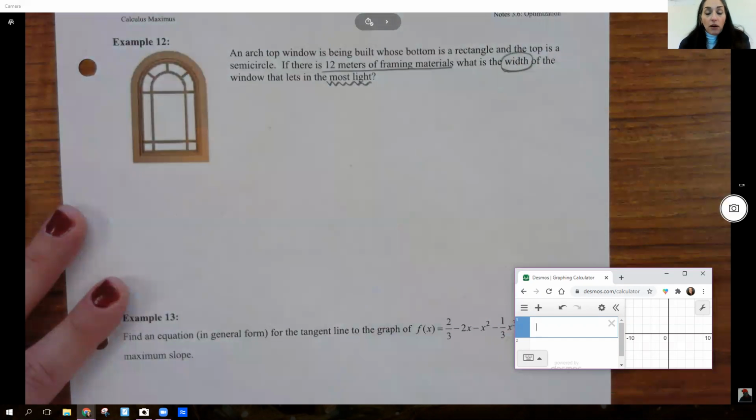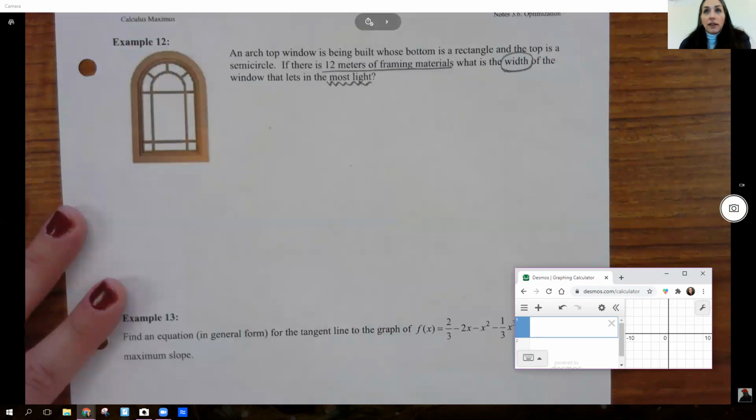So you need to think about, how are you going to get the most light? Well, you're going to need a big window, right? You're going to need a lot of glass, not much framing. So I guess we've got 12 meters of framing regardless. With the 12 meters that we have to work with, what is the biggest window that we could enclose?